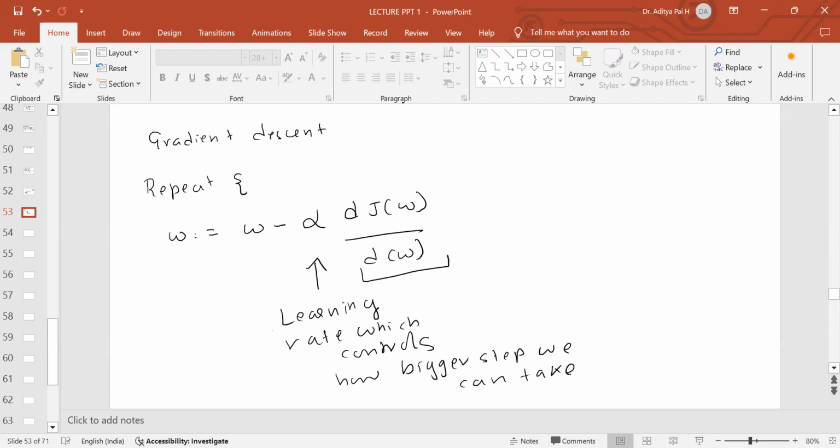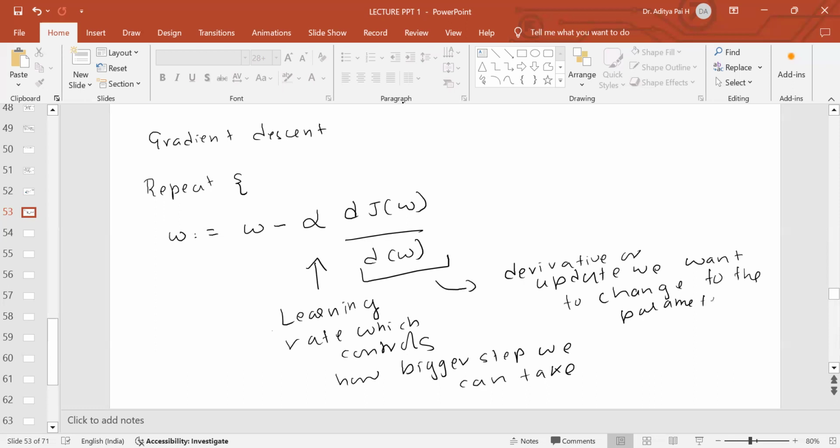And dJ(W) by dW is the derivative or update we want to change for the parameter W, and this W is nothing but the initial W which we take.